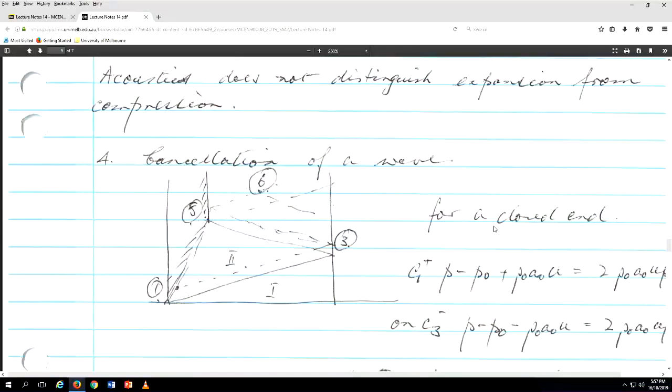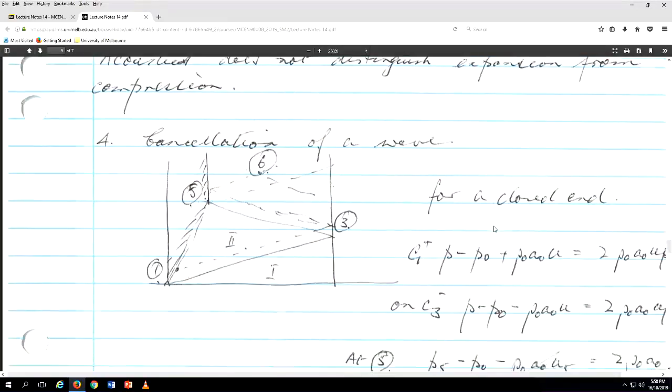We can work it out. So we have the C1 characteristic, and I have a C1 plus, and I've worked that out for you, and the C3 minus from a closed end. The C3 minus, P minus P naught minus rho naught A naught U, was 2 rho naught A naught UP. And I worked that out for the closed end before. So now let's suppose that I bring this C3 minus back here to 5.